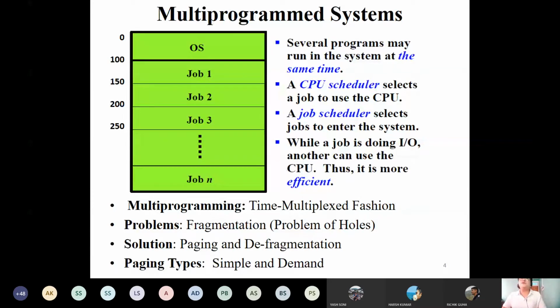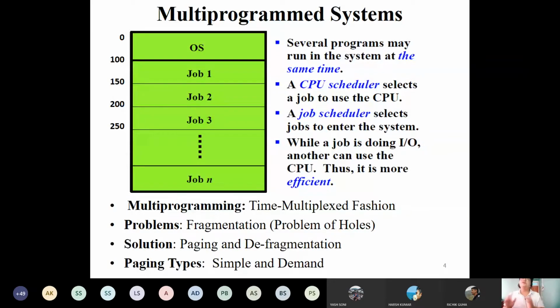So job 1 is performing IO operation, and job 2 is performing computation operation. IO operation is performed by the IO devices, and computation is performed by the CPU. So at the same time, in a time multiplexed fashion, one resource, the CPU, is executing some task, while some input output device is performing another task.